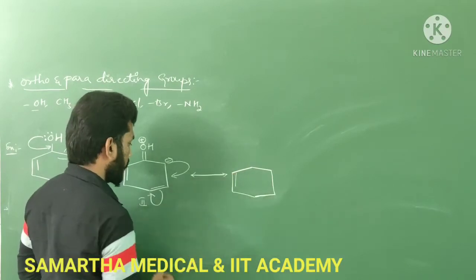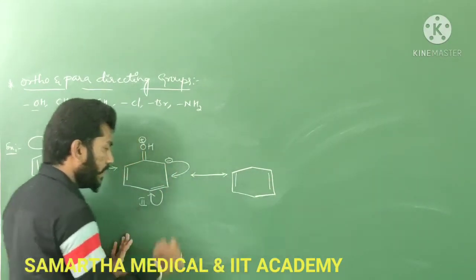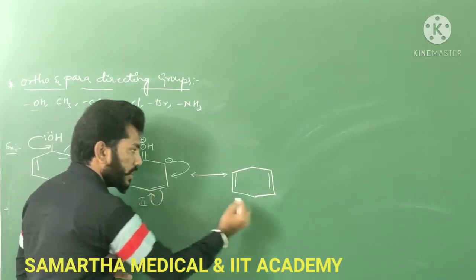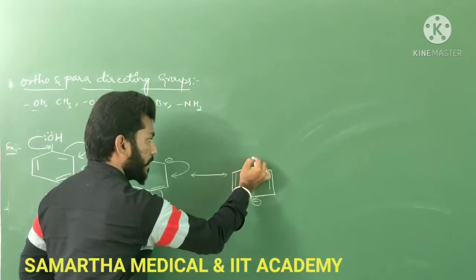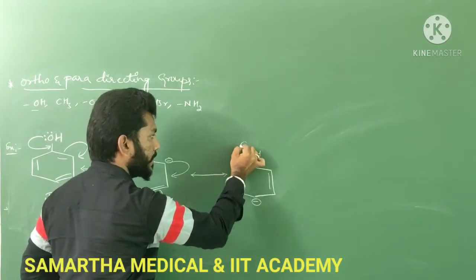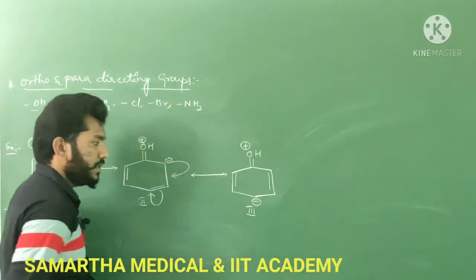Next, when this electron comes here, it becomes a double bond. When the electrons shift over to this particular carbon, the para position gets the negative charge, with OH plus. That is the third structure.